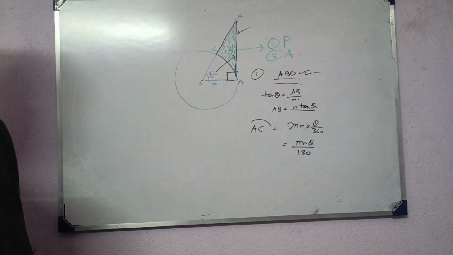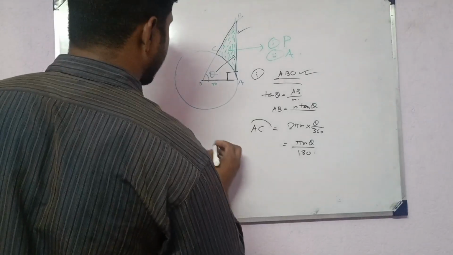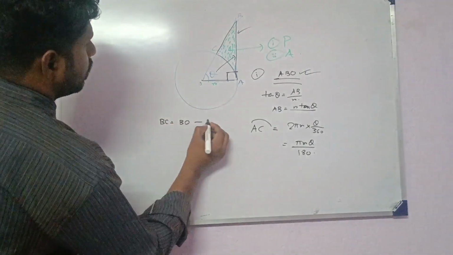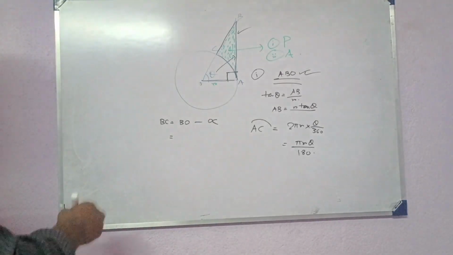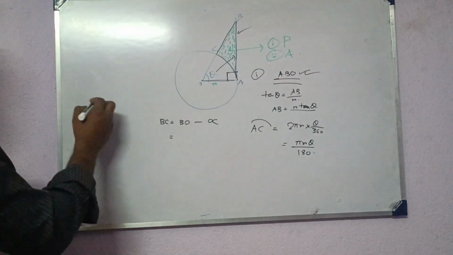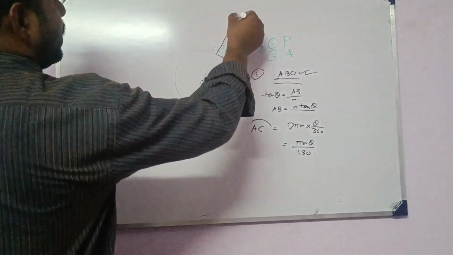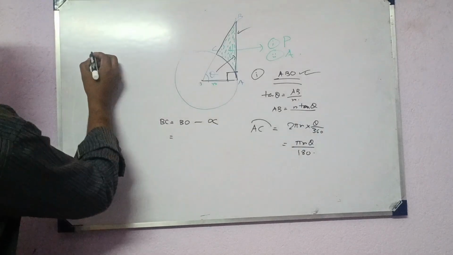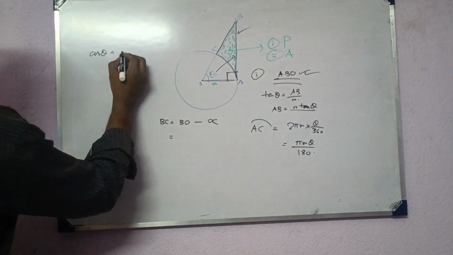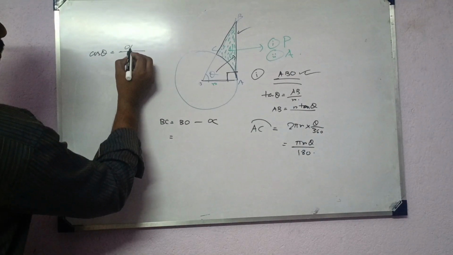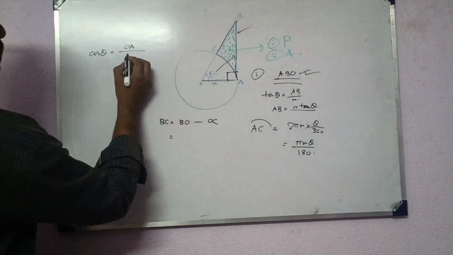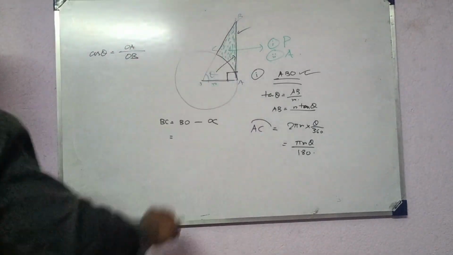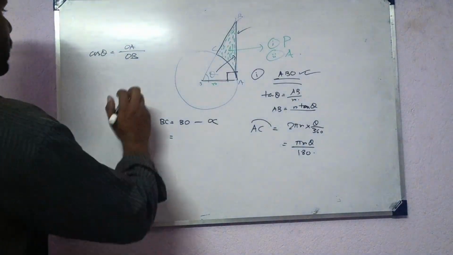Now we have to find that BC portion. That BC portion is BO minus OC, and BO is the hypotenuse of the triangle. So cos theta equals base by hypotenuse, which is OA by OB.